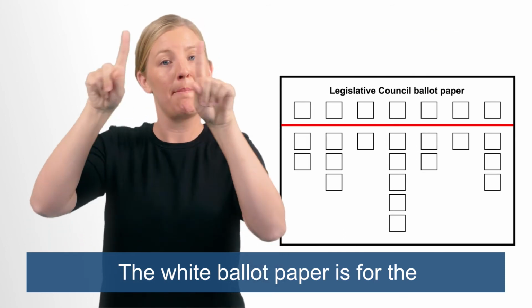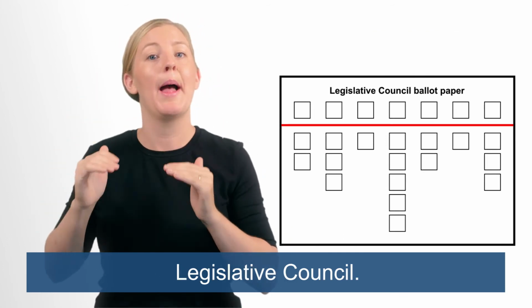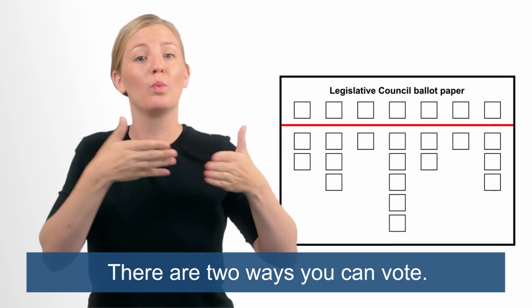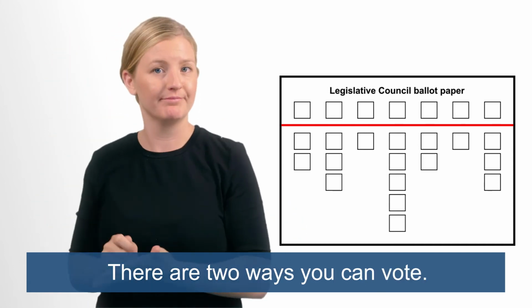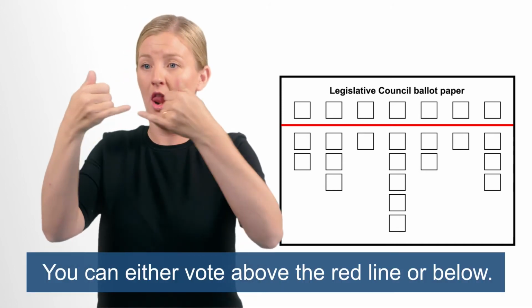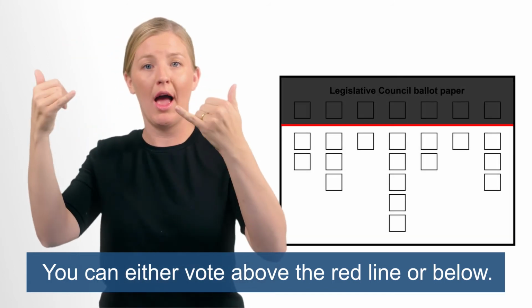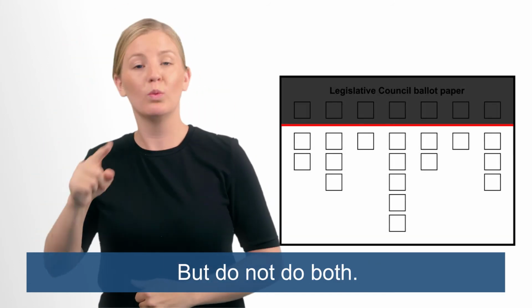The white ballot paper is for the Legislative Council. There are 2 ways you can vote. You can either vote above the red line or below. But do not do both.